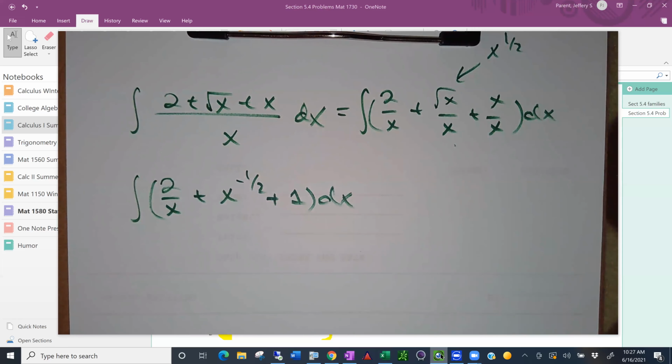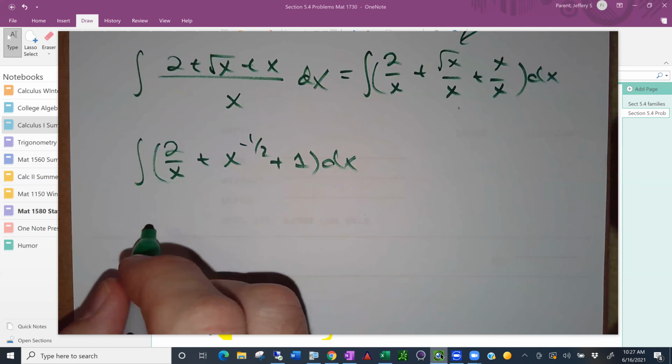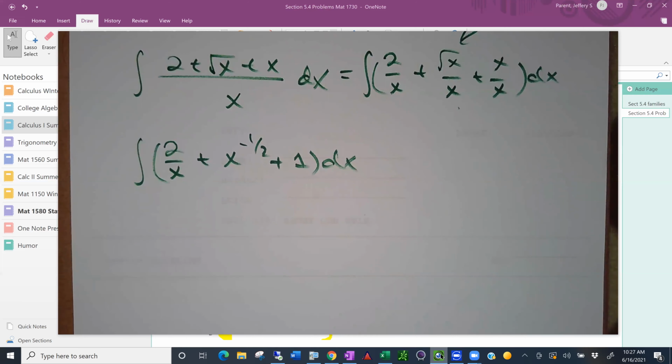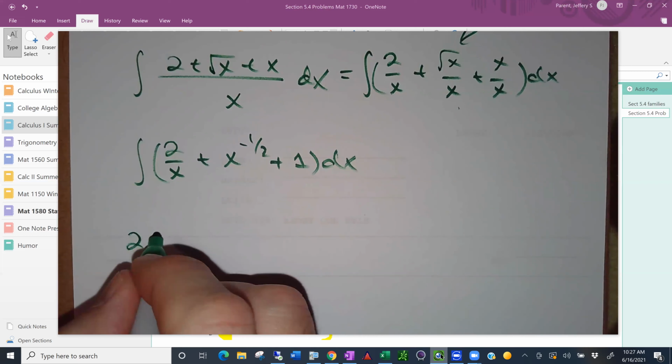And now it's a matter of finding antiderivatives for all of these things. So let's take a look at the first one. The first one I can treat as 2 times 1 over x.